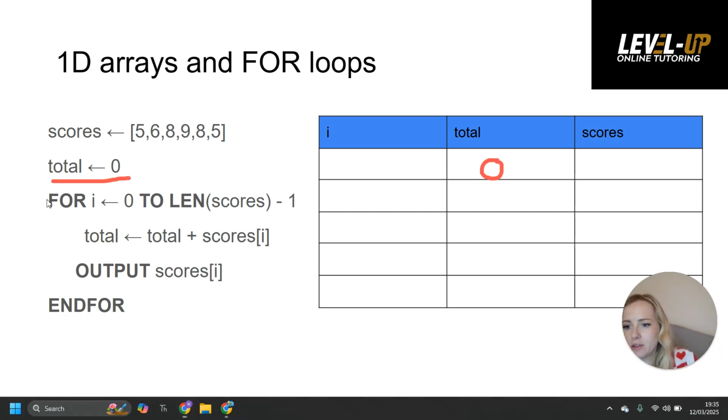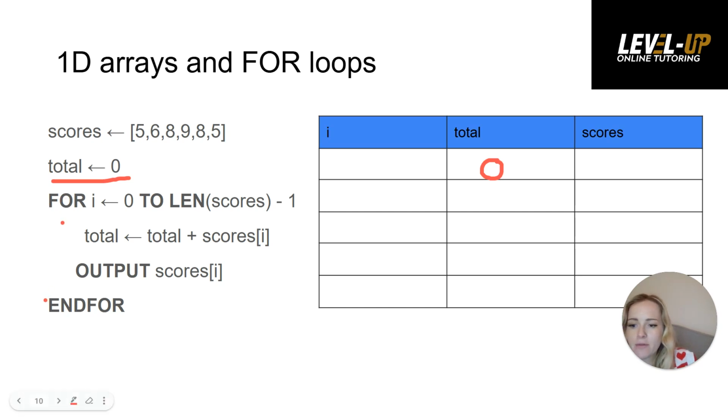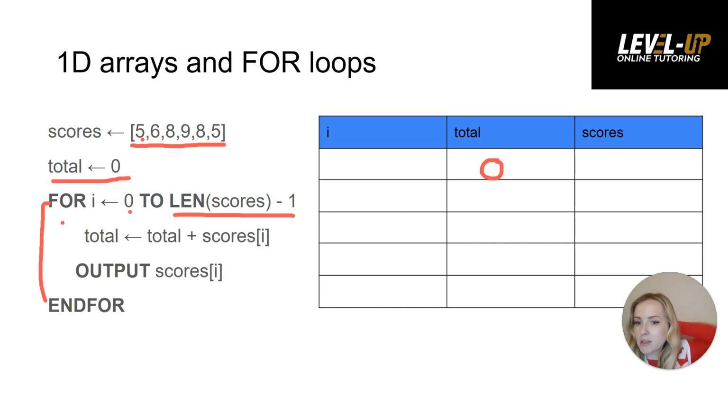Then we're going to keep repeating this loop until, have a little look at our for loop, when is this for loop going to stop? We have for I 0 to the length of scores minus 1. The length of scores would be however long this array is, minus 1, because we're starting at 0.